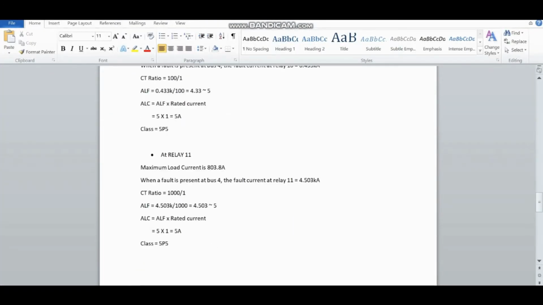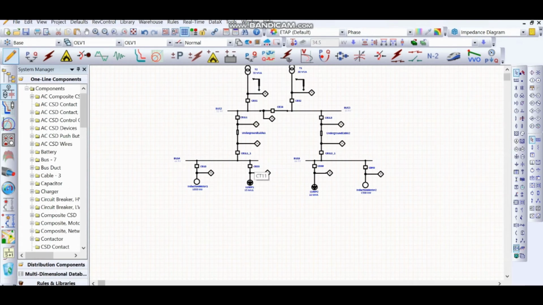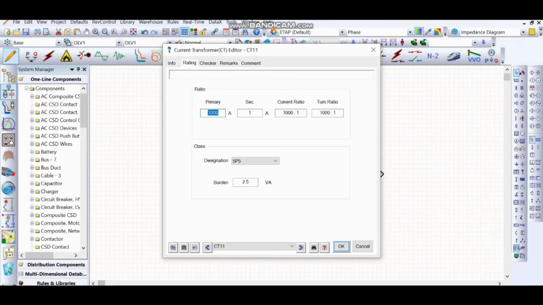For relay 11, the current at relay 11 is 4.503. Then the accuracy limit factor is nearest to 5, and accuracy limit current is 5 ampere. Then the class designation is 5P5.